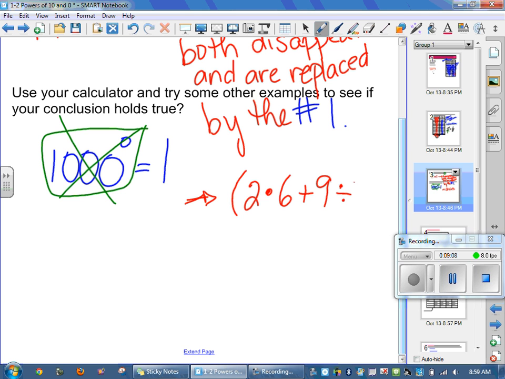If I put everything in brackets, all exponent 0, what do you notice is going to happen? You don't even have to solve anything. It's saying that the 0 belongs to everything, so that whole answer is going to disappear and give you a 1. So this will disappear. Pretty handy trick. I like that trick.